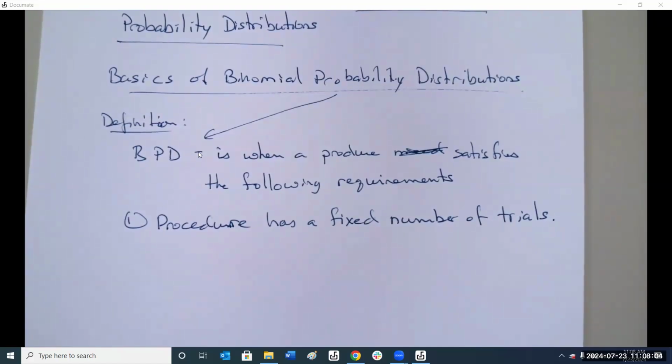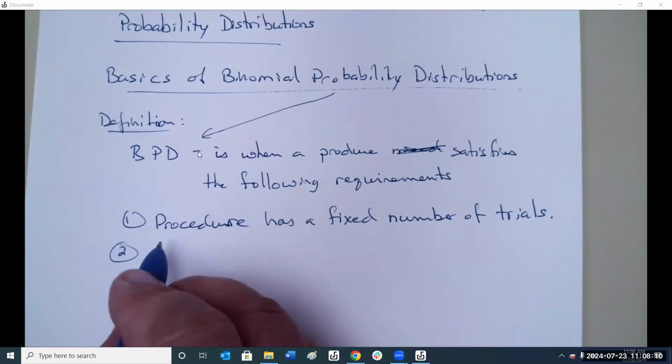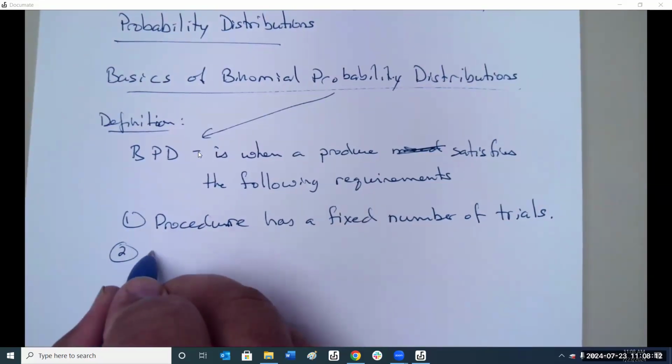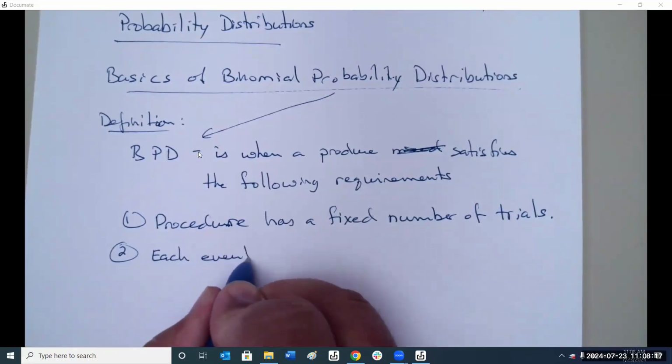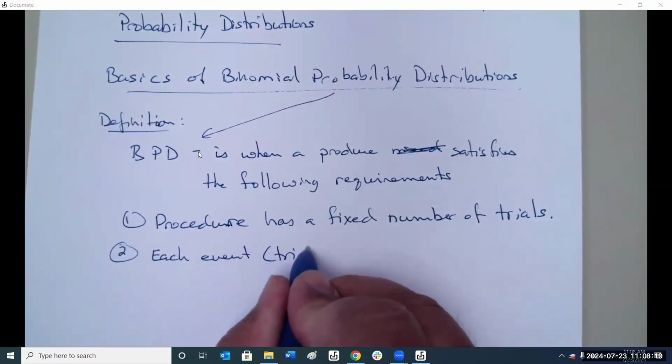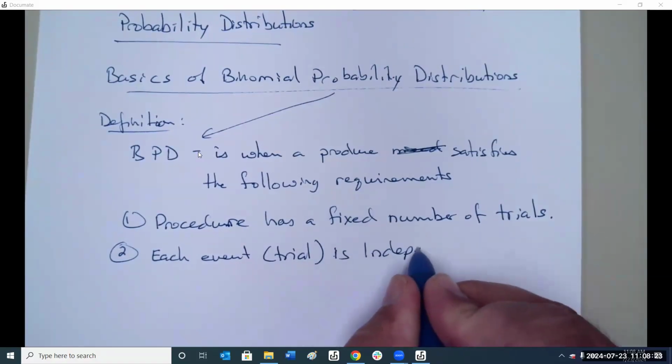Each time you roll a die, each time you flip a switch. So it's finite, it's countable. Two, each event or trial is independent.